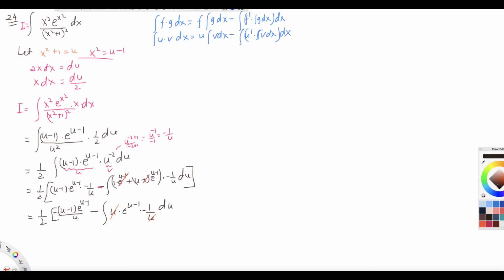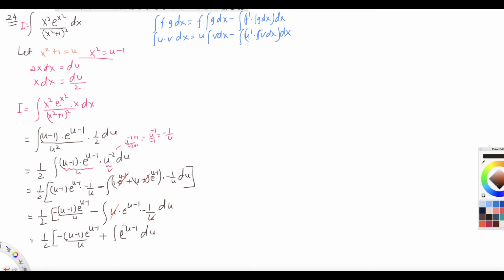Alright, so what you get is 1/2 times negative u minus 1 times e to the u minus 1 over u, plus, because negative times negative is positive, the integral of e to the u minus 1 du.